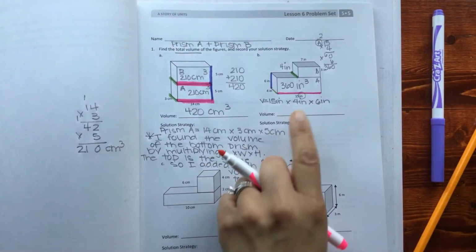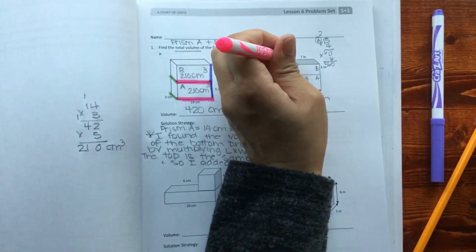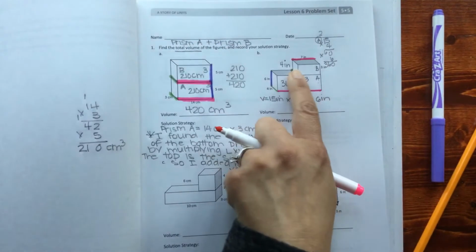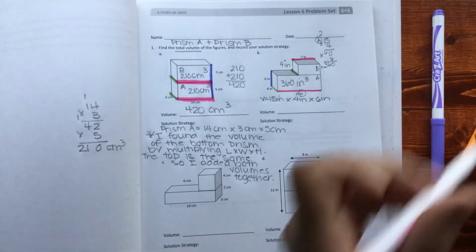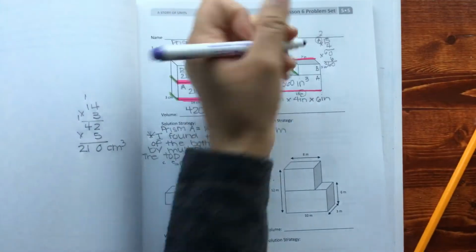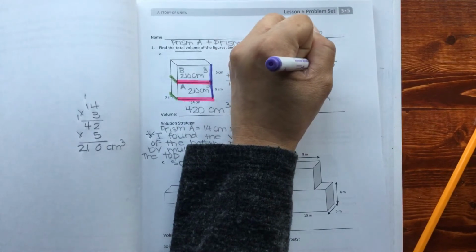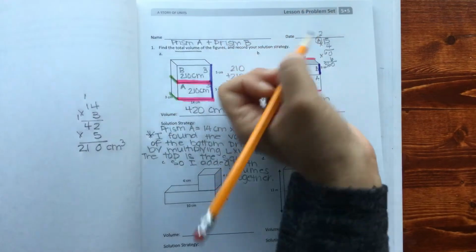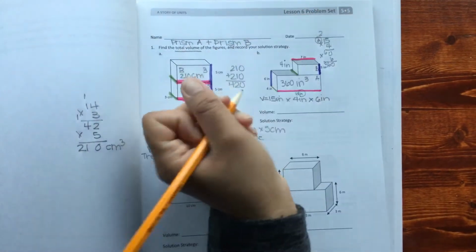And then I see, okay, they are telling me that the length of prism B is 7, and that the height is 3. So I can solve that.